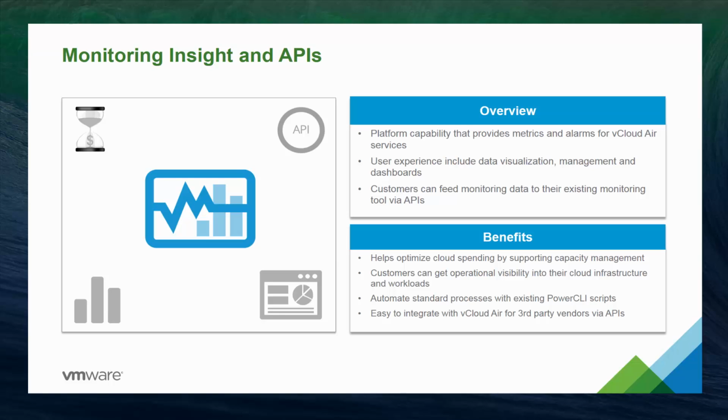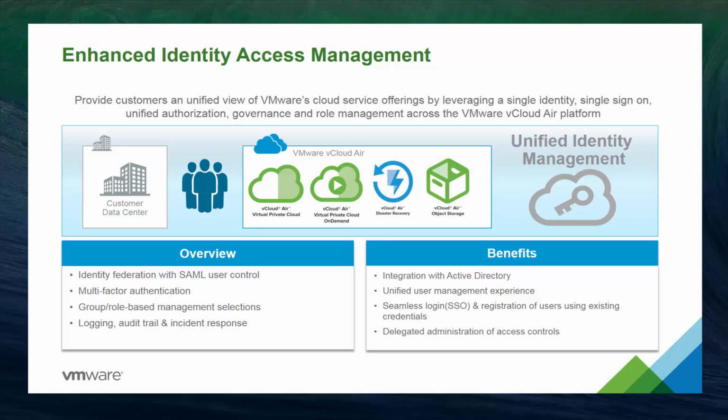The service gives information on the infrastructure, application health and platform performance, enables granularity, retention, and services monitoring, and helps optimize cloud spend by enabling high utilization of cloud infrastructure. So again, this is going to start giving you that insight into being able to monitor your servers and applications and everything that's running on vCloud Air services and give you that deeper insight into how that environment is running.